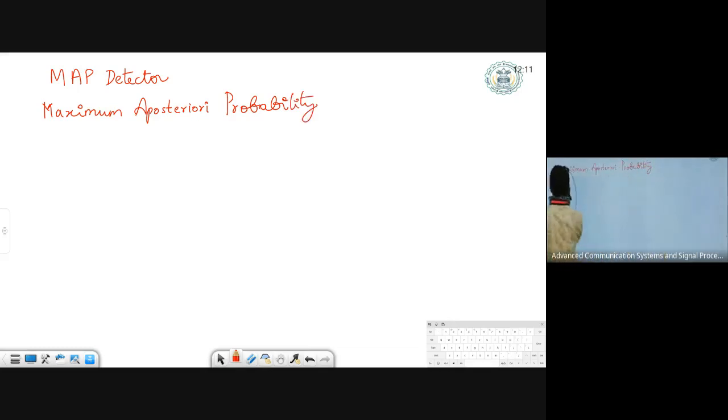Okay. So, Y represents received data. H1 hypothesis.